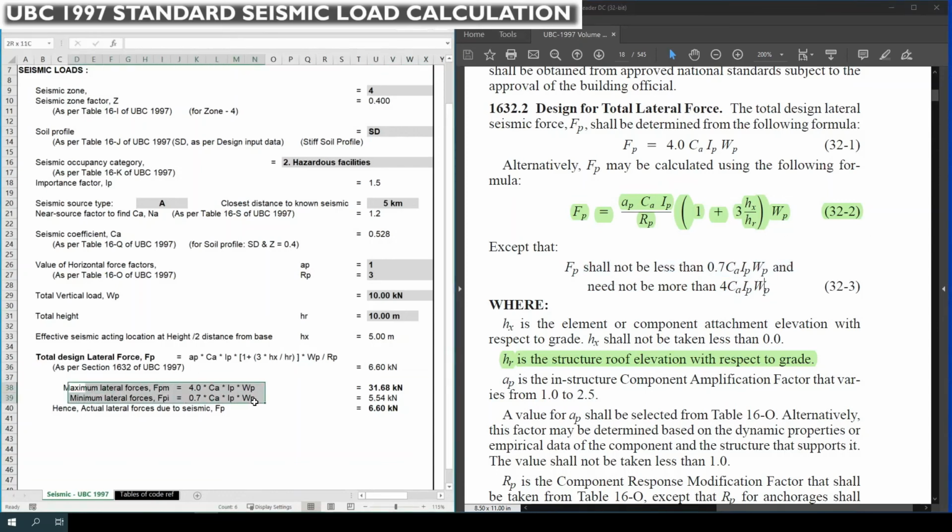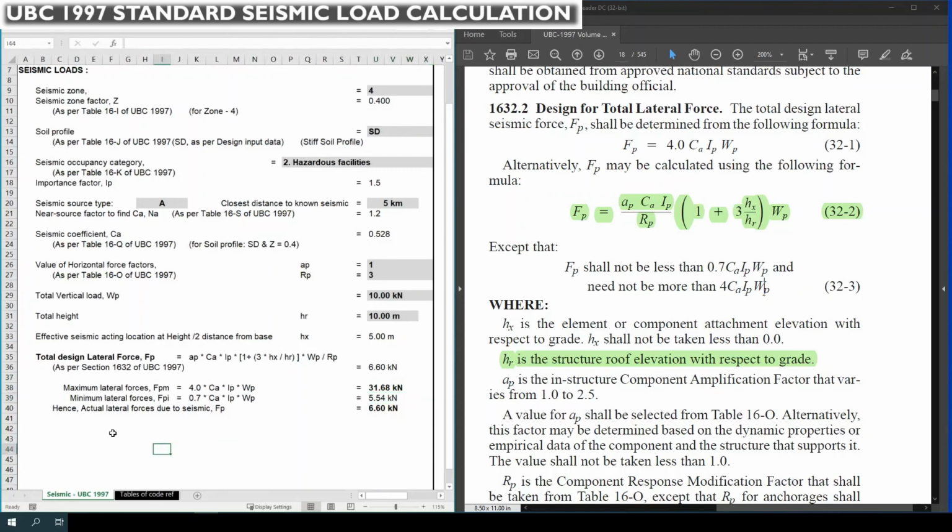So we need to check this also. For our case, the maximum lateral force is coming 31.68, and the minimum is coming 5.54 kilonewton. But in our case, the actual design lateral force is 6.6 kilonewton, which is within the limit.